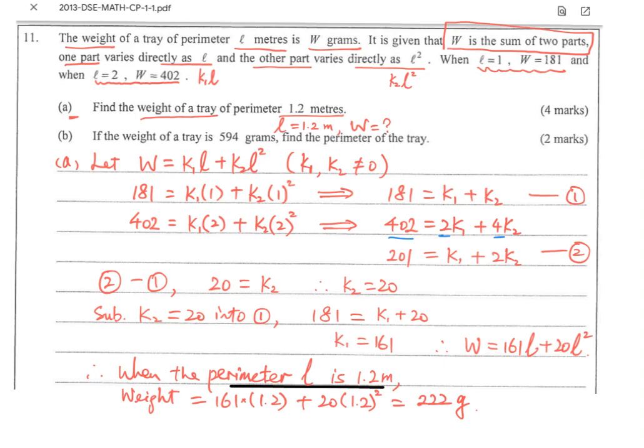Now let me write it down. The relationship for part A is W equal to 161L plus 20L squared, and when L equal to 1.2 meter, then we have the weight equal to 222 grams.